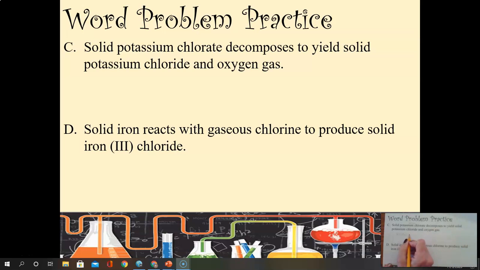Okay, well there's no other reactants, so there's my yield sign. To yield solid potassium chloride, plus 1, minus 1, no subscripts, and oxygen gas. Should have put my phase symbols there. It's S and S. There we go.